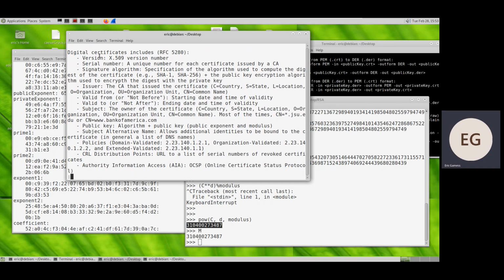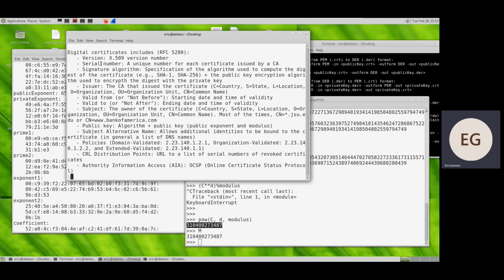The first field that we will see is the version of the digital certificate. They call them also X.509 certificates or SSL certificates, for Secure Sockets Layer certificates. So the first thing that we will see is the version number.